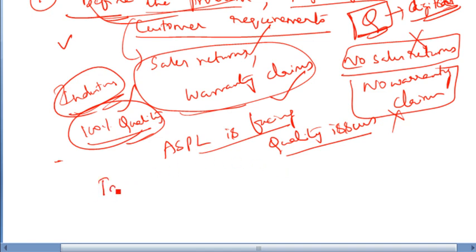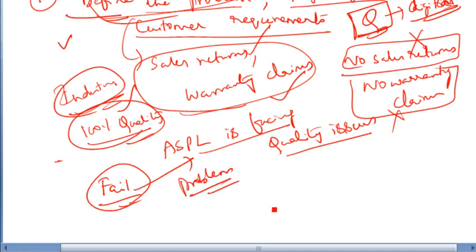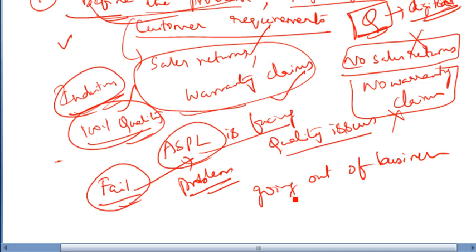If you fail to address this particular problem, which means if you fail to solve it, then you'll be going out of business. Obviously, ASPL will. So the goal of the project is to identify the sigma level at which the company is operating right now.